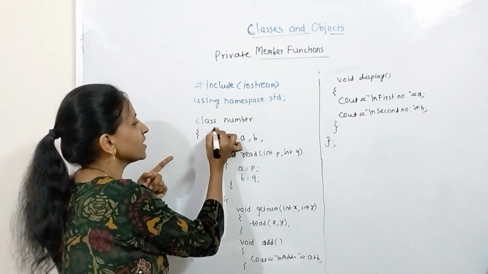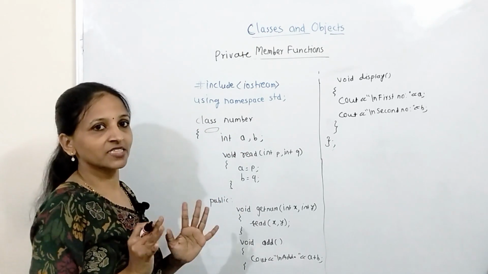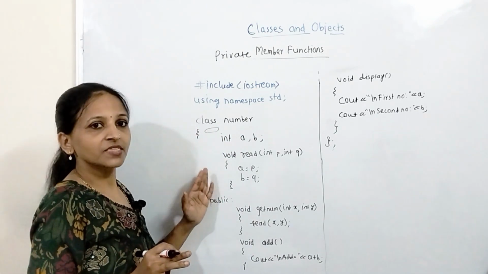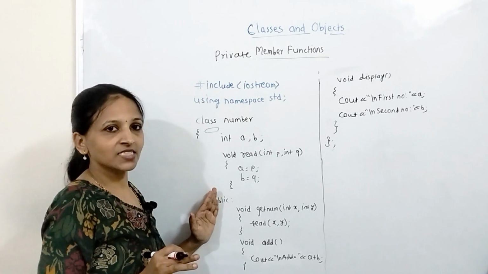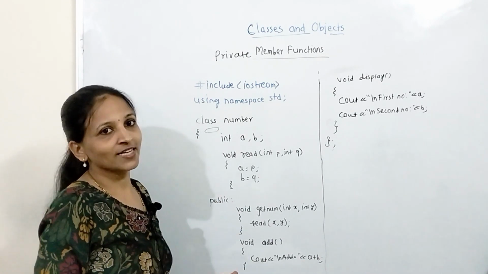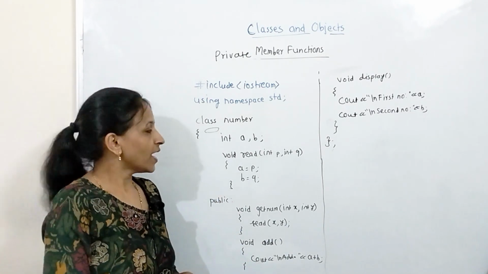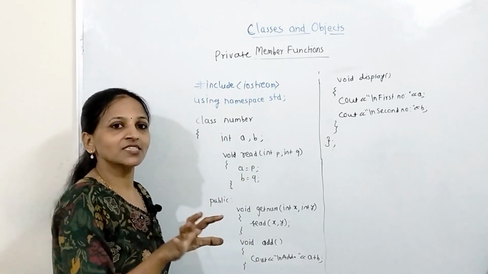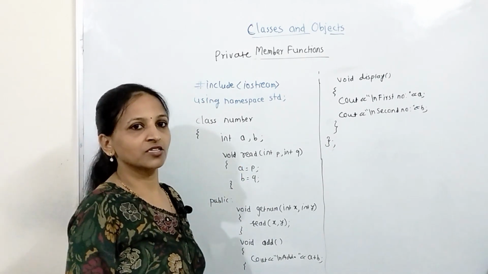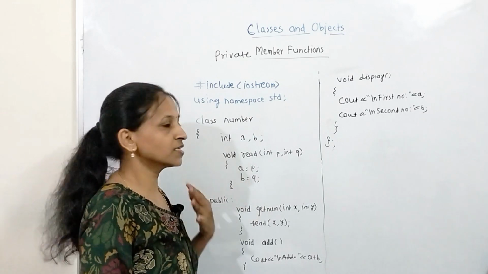If we are not writing anything here, this is a private section of that class, and the data of that class we cannot access outside the class directly, and that's why this member function is a private member function.